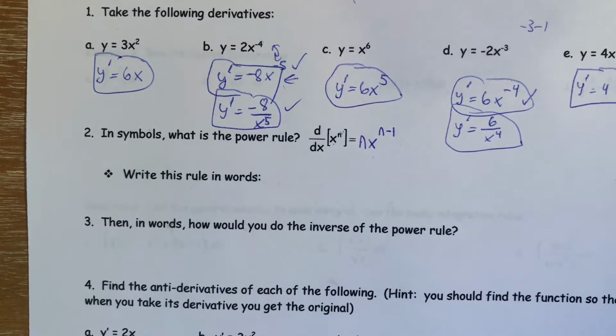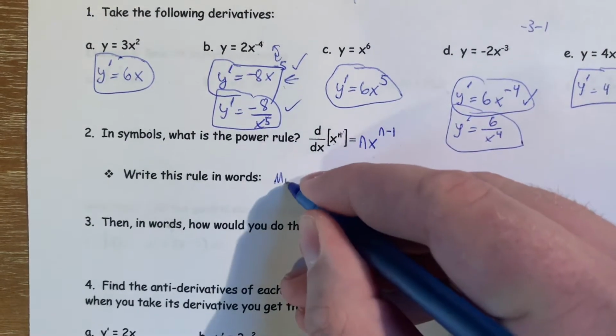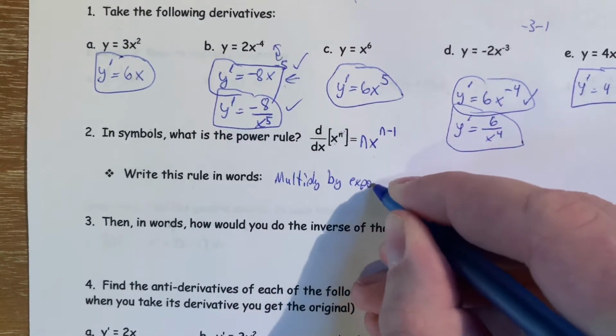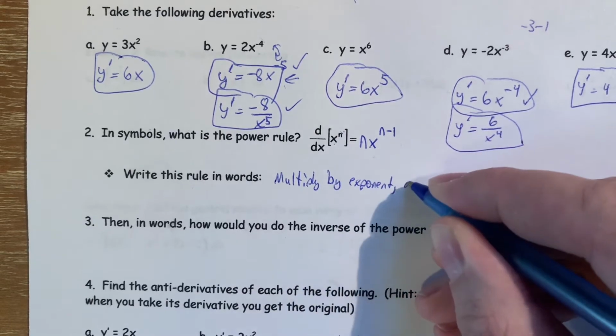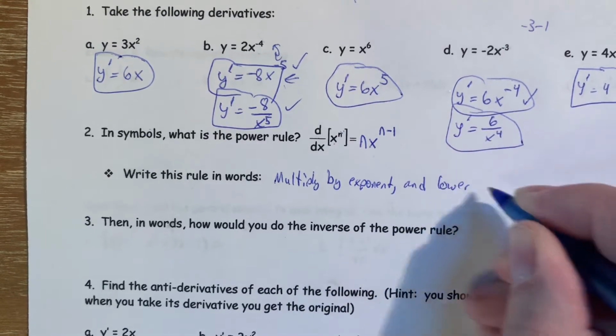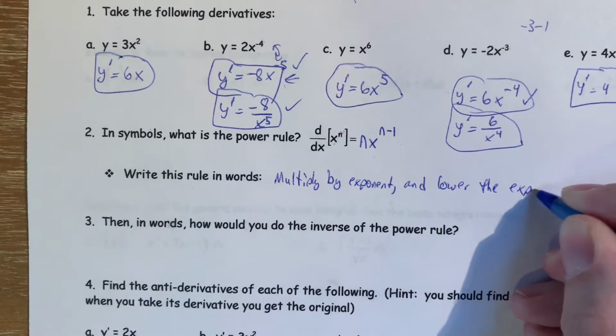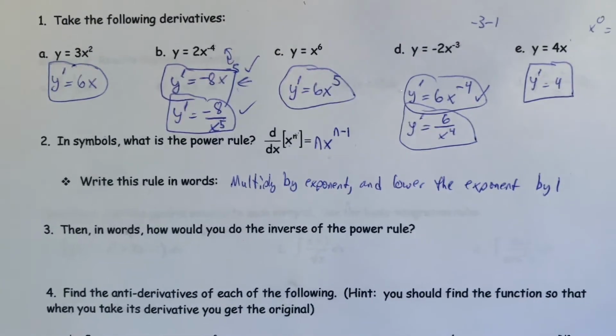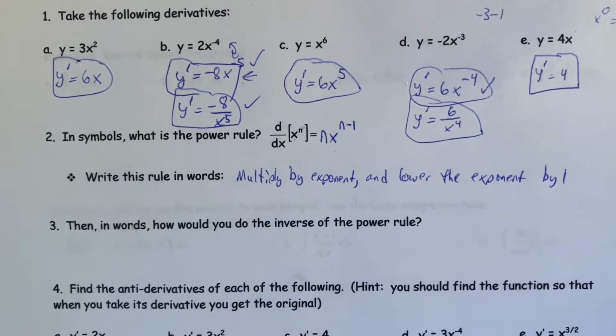In words, we would say that you multiply by the exponent and lower the exponent by 1.